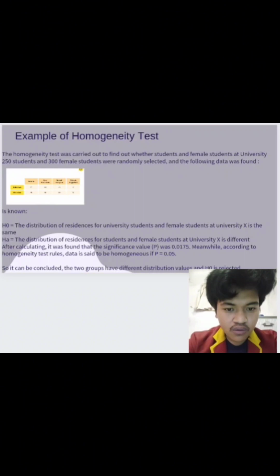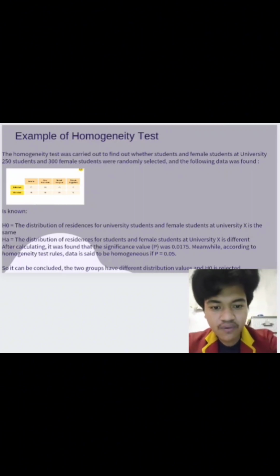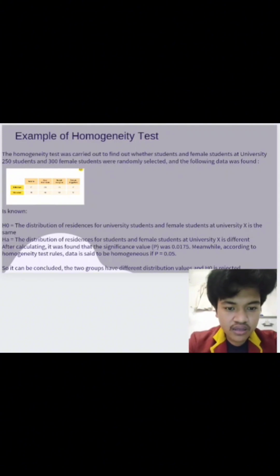The distribution of residents for students and formal students at the university is different according to the calculation. It found the significance value. Meanwhile, according to the homogeneity test rules, the data is said to be homogeneous. So it can be said that the two groups have different distribution values instead.